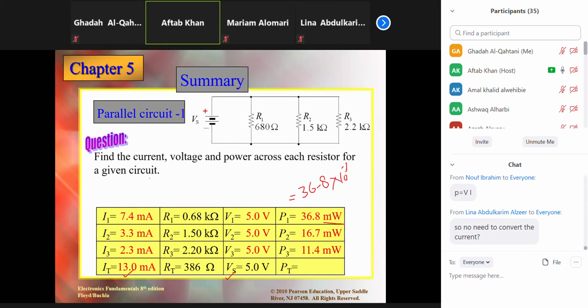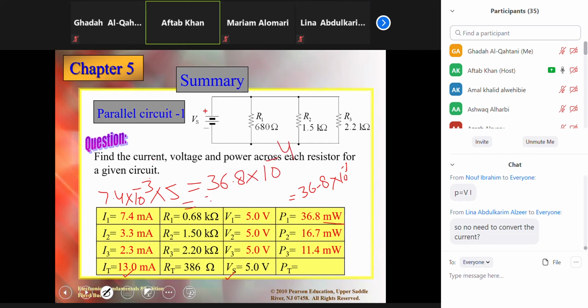That's why I told you, if you are just relying on the calculator, the calculator will not write milliwatt. It will simply multiply and give you the result. If you put this 7.4 multiplied by 10 power minus 3 and multiply by 5, your calculator will give you something.